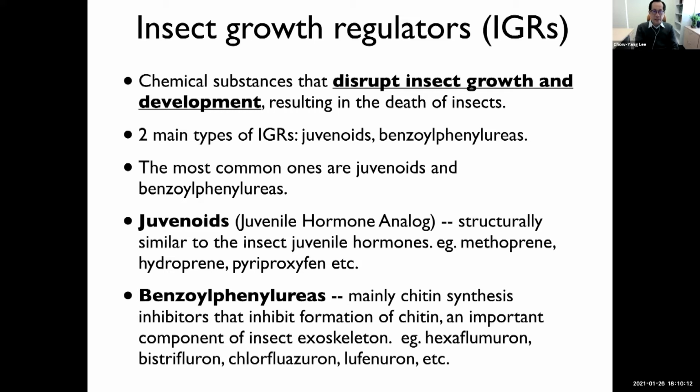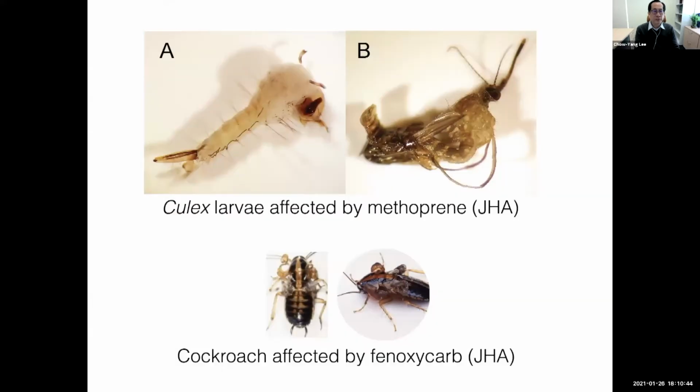And the chitin synthesis inhibitors inhibit the formation of chitin, which is an important component of the insect exoskeleton. I'm sure many of you have heard before of Dimilin, diflubenzuron, which is used for mosquito control, and a few other types of CSIs. This first slide shows Culex affected by methoprene.